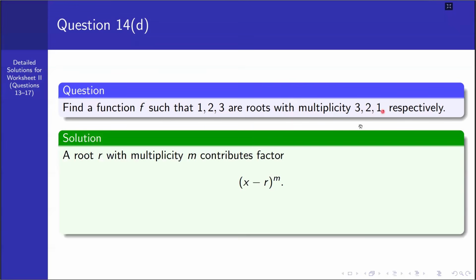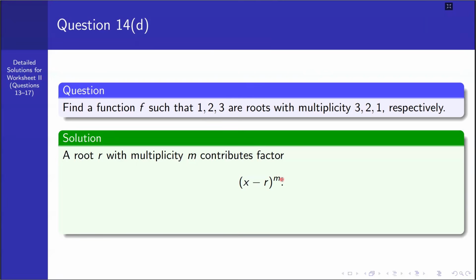A root r with multiplicity m contributes a factor x minus r to the power of m. If x minus r to the power of m is a factor of a certain polynomial function, then the real number r is said to be a root of the polynomial function with multiplicity m, where m is any positive integer.